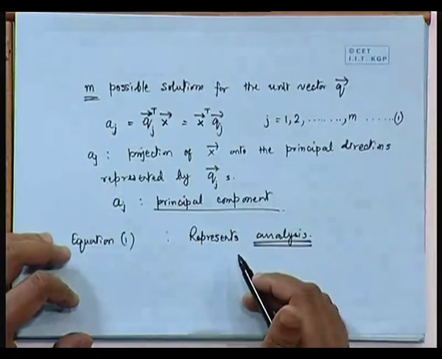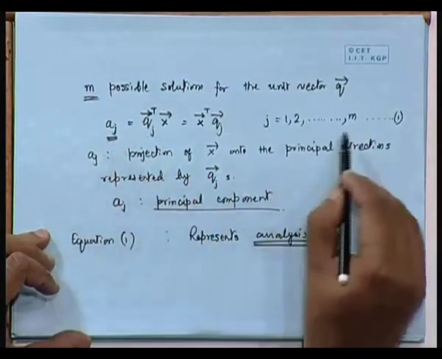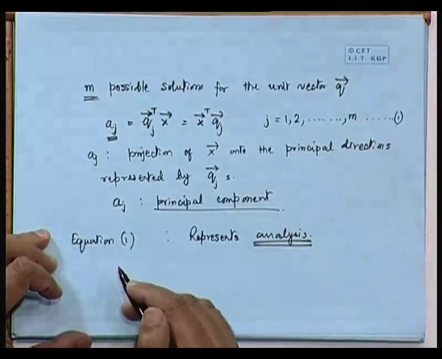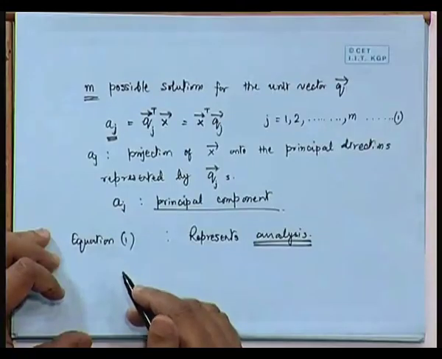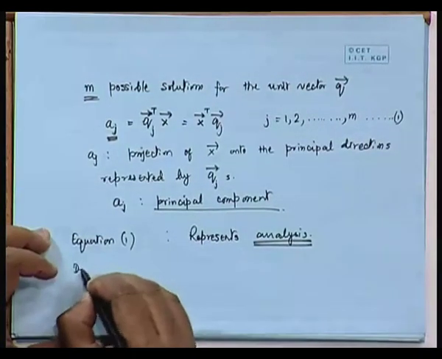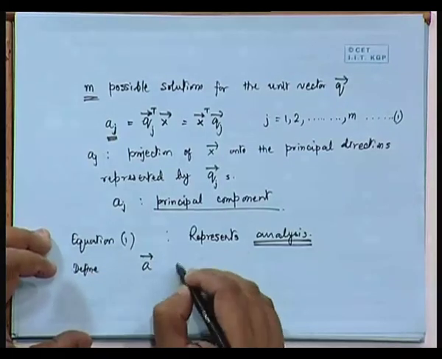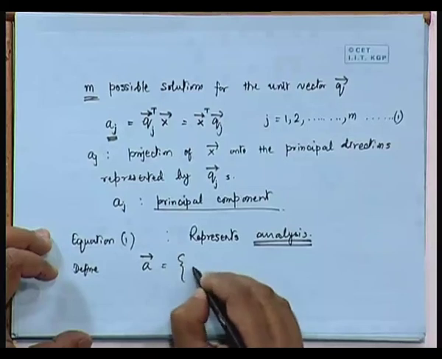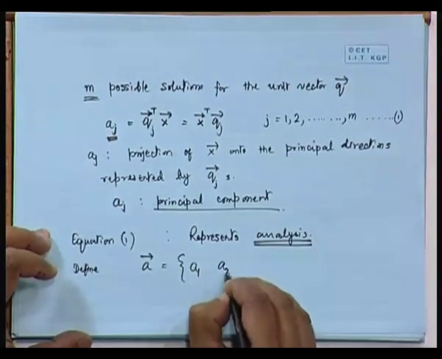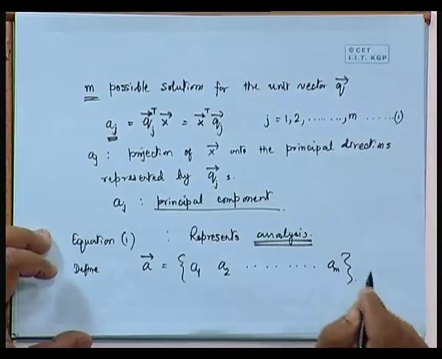Okay. So, in order to recover that, since there are m such Aj's, since j varies from 1 to m, we can form a vector consisting of the projections. So, we define a projection vector, call it the A vector, whose elements are going to be A1, A2 up to Am. There are m such projections.